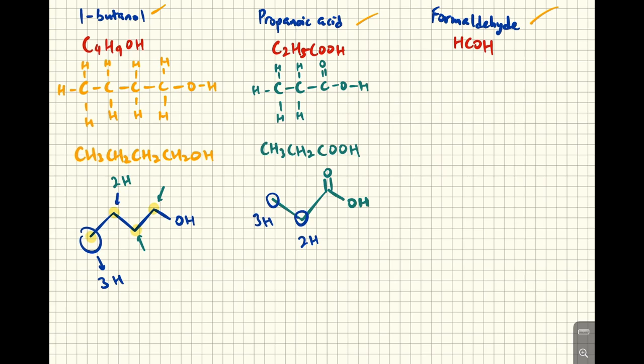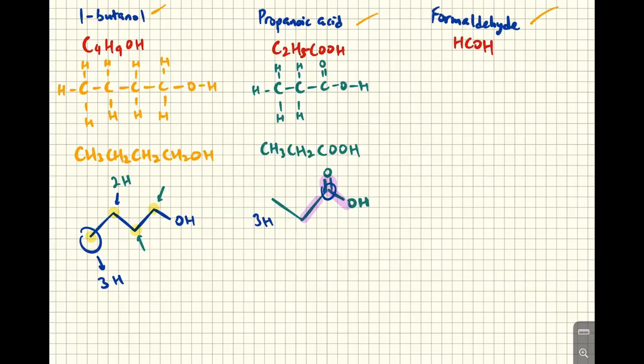However, this carbon here, if you look at it, already forms 4 bonds in this drawing: 1 here, 1 here, and 2 here, doubly bonded to the oxygen. So this carbon will have 0 hydrogens bonded to it. That's, in general, how you read skeletal structures in organic chemistry.